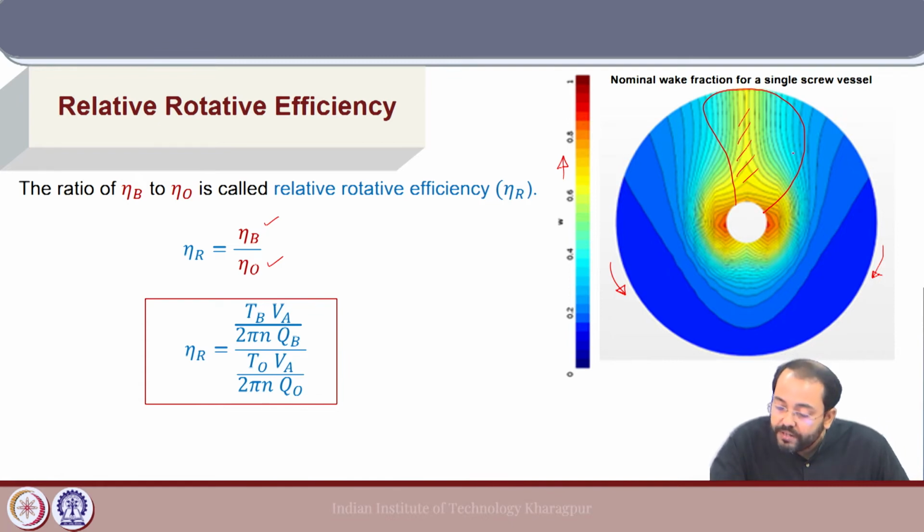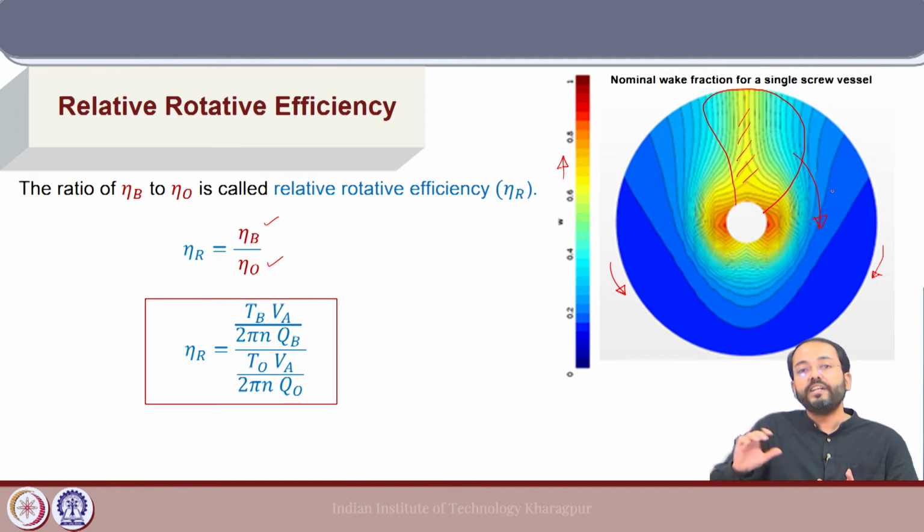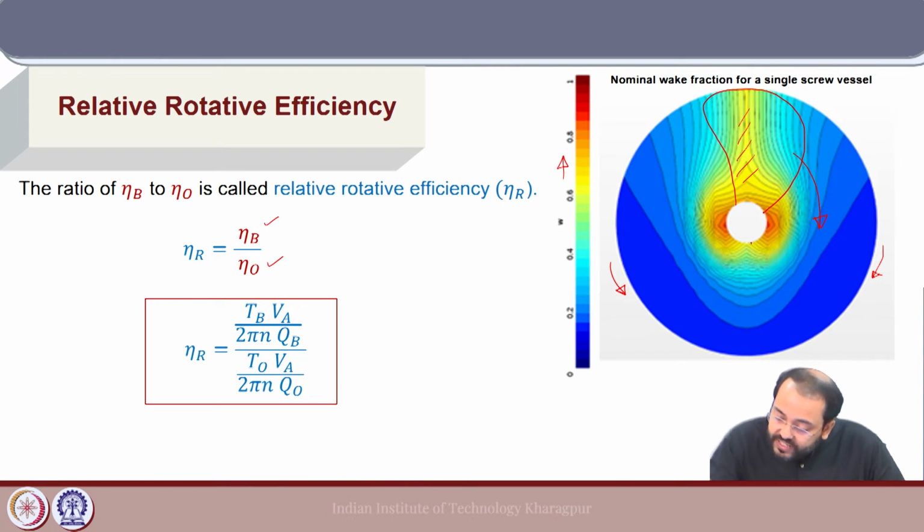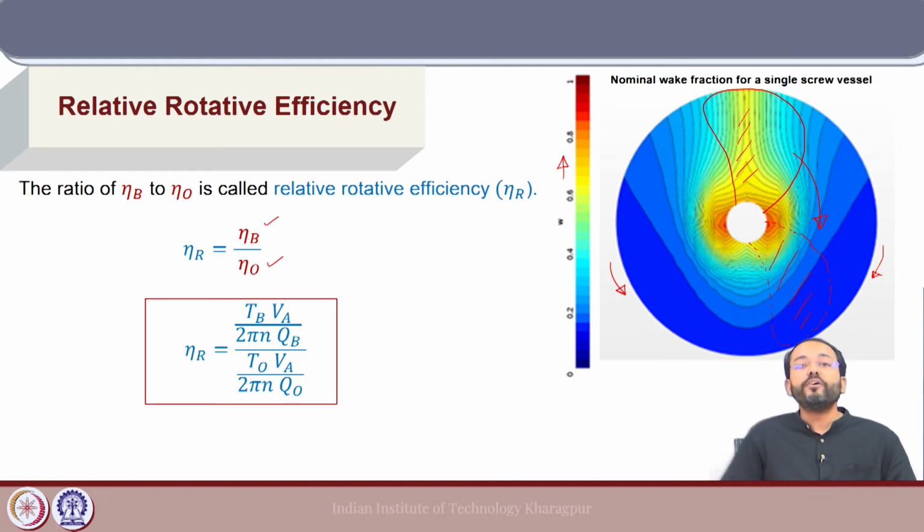Now, when the propeller moves, let us say if it rotates in the right handed way, in the clockwise direction, when it comes to a position here, the velocity field it faces will be totally different because the nominal wake fraction will be different in this domain.